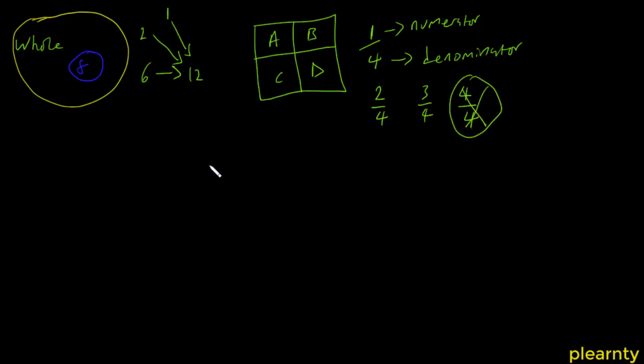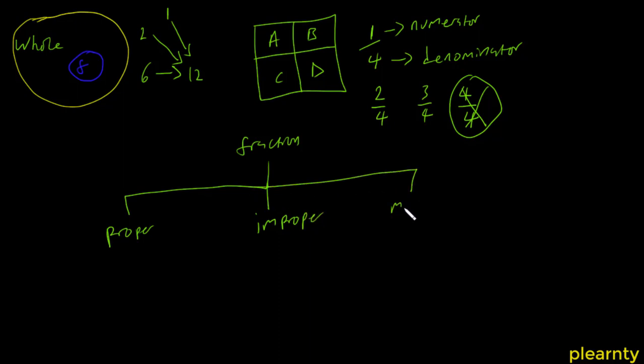So on this basis, we have 3 types of fraction. We have the proper fraction, we have the improper fraction, and we have the mixed fraction or the mixed number.